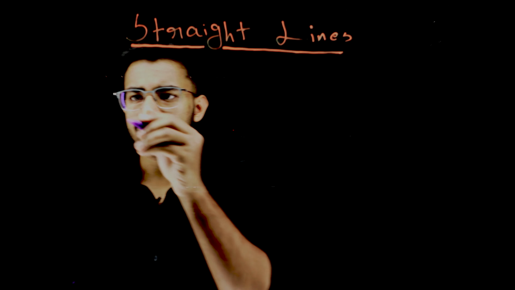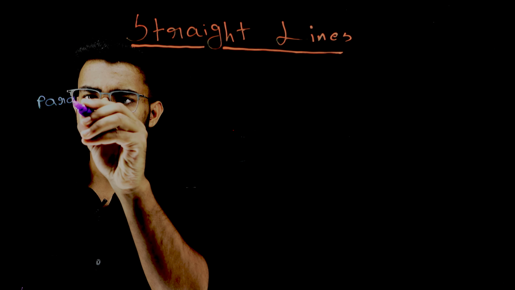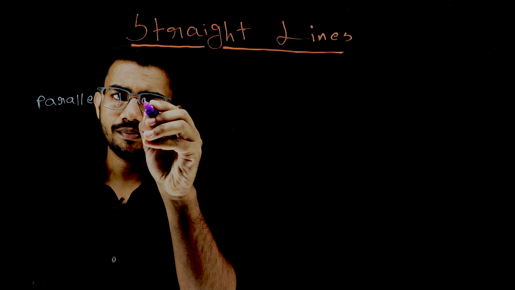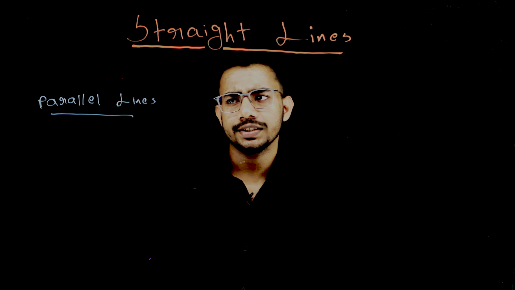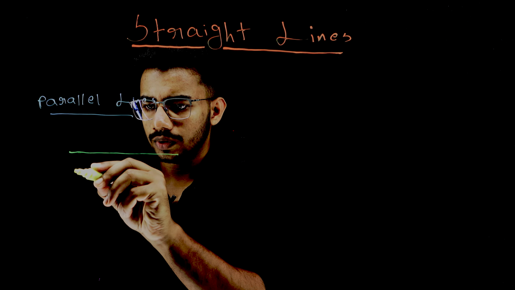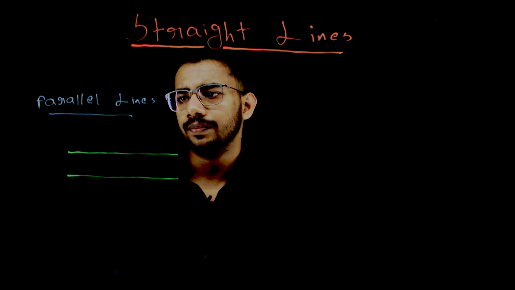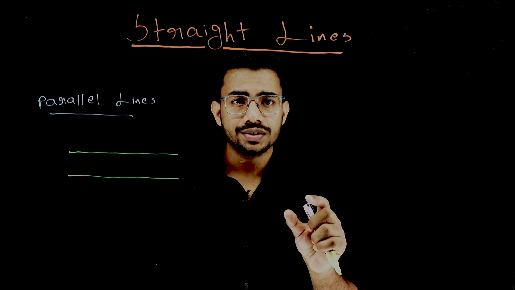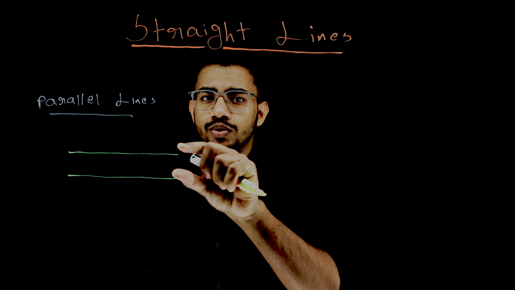So, parallel lines. For that, let's consider two lines, the first line and the second line. Parallel lines means lines which always maintain a constant distance throughout.